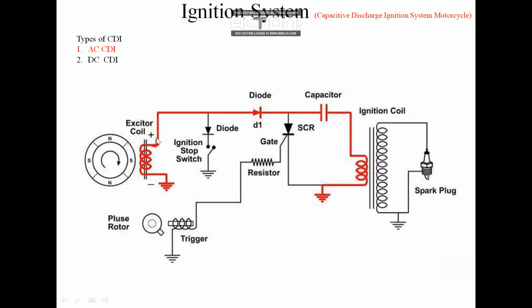Now the developed current has a chance to go further beyond this subsystem. It won't go downward because the key circuit is open right now. It goes beyond and starts to flow through the capacitor. Whenever it flows through the capacitor, the capacitor gets charged.